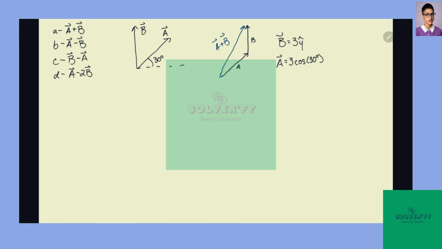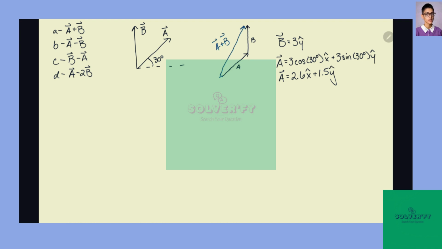So it's the cosine of the angle made with the horizontal, and that's the x direction, plus 3 meters times the sine of 30 degrees in the y direction. If we plug this into our calculator, we get that vector A is going to be 2.6 in the x direction plus 1.5 in the y direction.